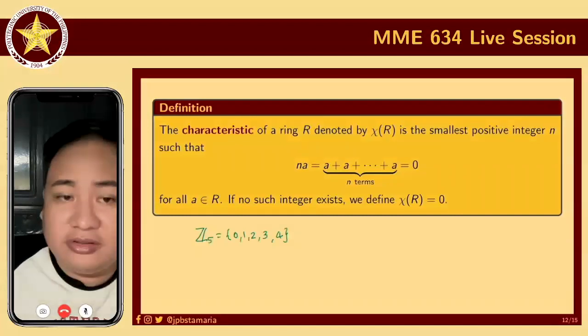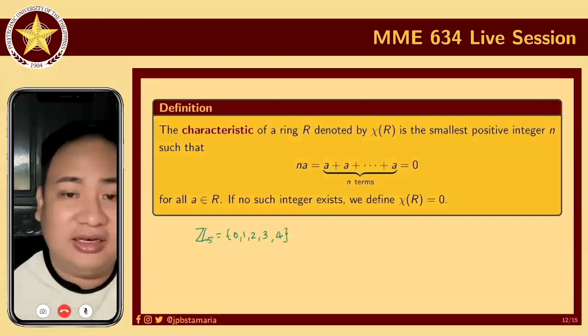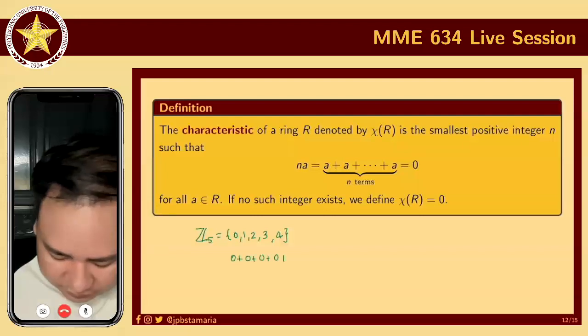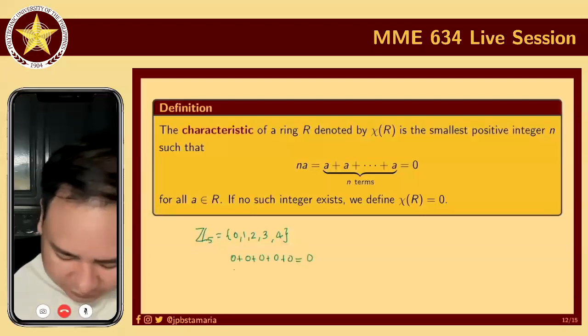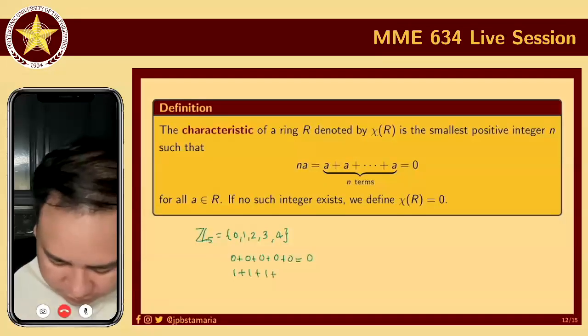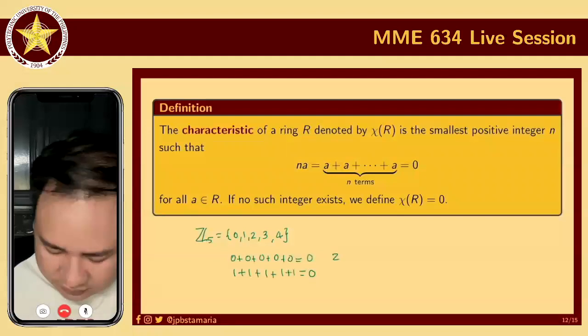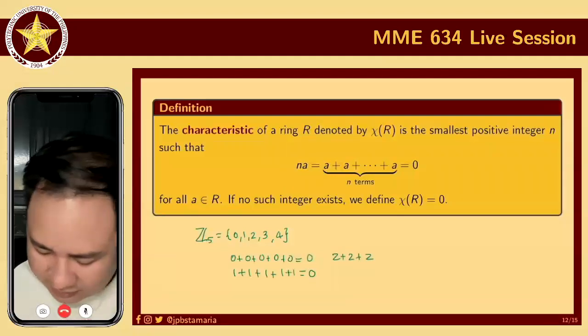Lahat ng element dito, pag inadd ko sa sarili niya ng 5 beses, 0. Yan, no? Add mo yung mga elements yan ng 5 beses.